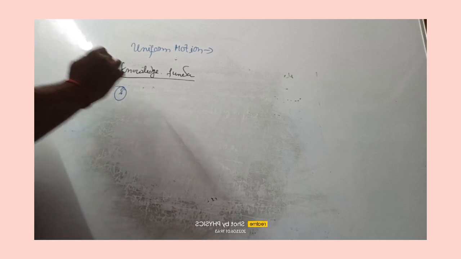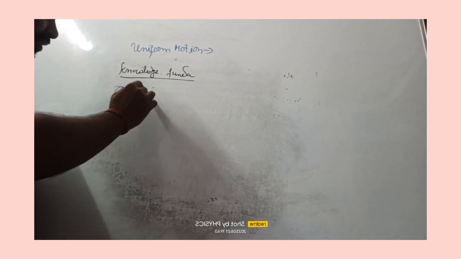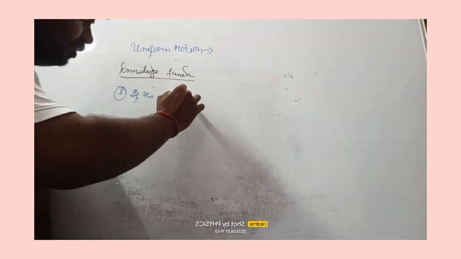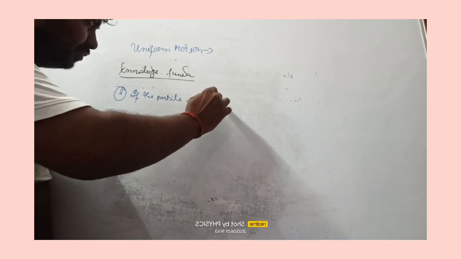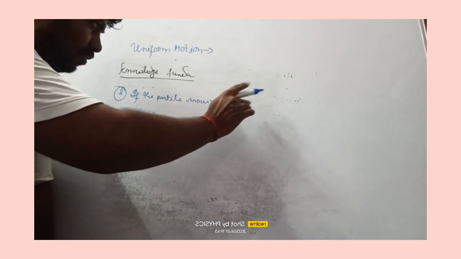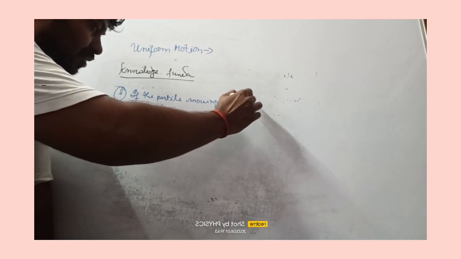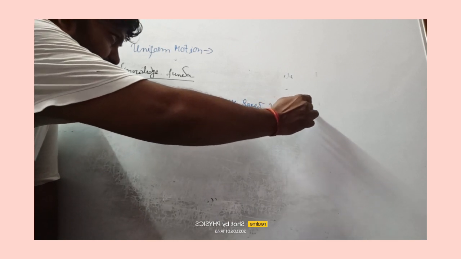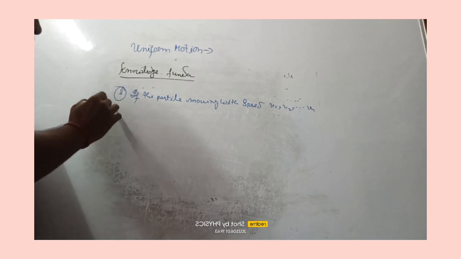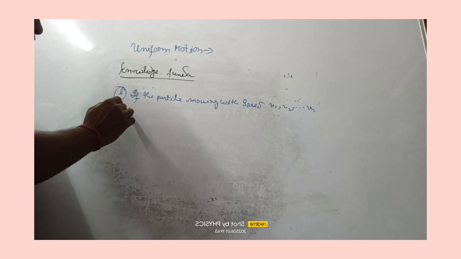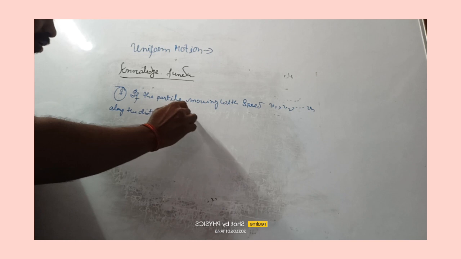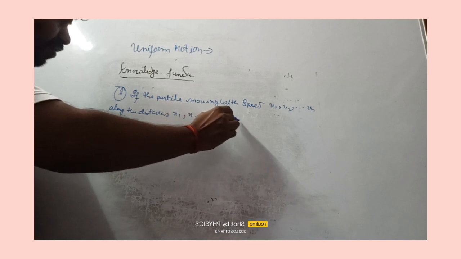Now second point, if the particle is moving with velocity, that is not speed, velocity v1, v2, dot dot dot vn, along the distances x1, x2, dot dot dot xn. Now find the average speed.